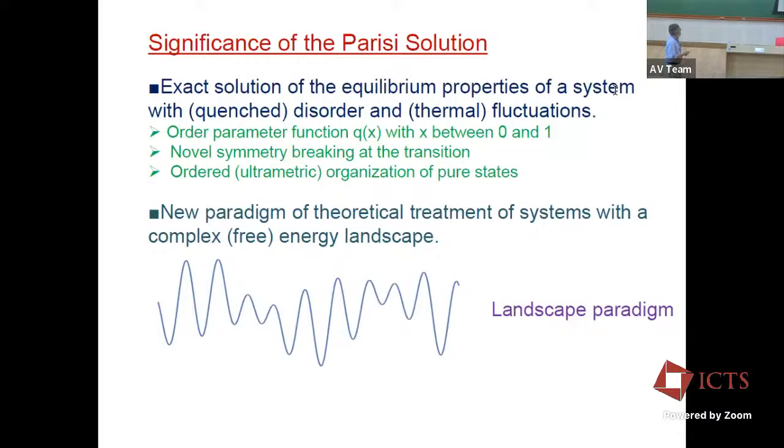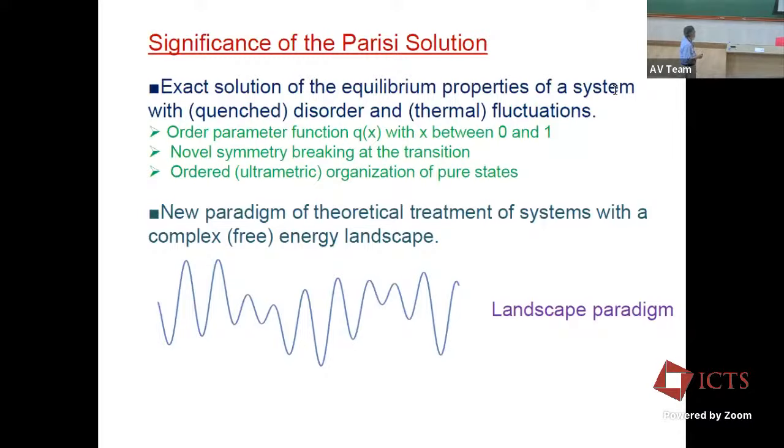But I think it still makes sense to discuss this because it brings into focus many new ideas, and this is one case where one does have an exact solution. Order parameter function, symmetry breaking, replica symmetry breaking at the transition.